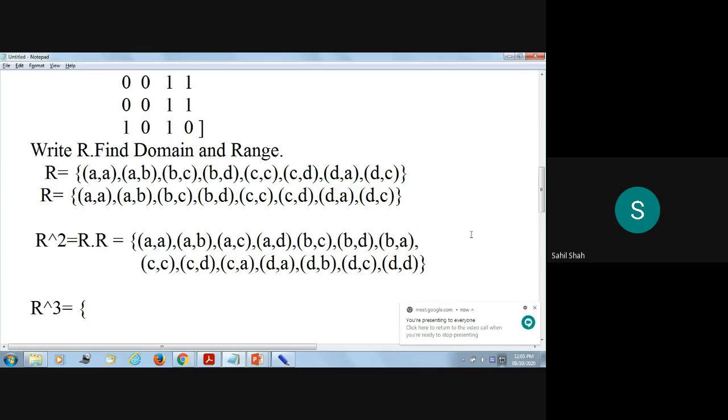So there should be 14 pairs in R square. At least can you tell me the number of pairs present in R cube, the cardinality of R cube?